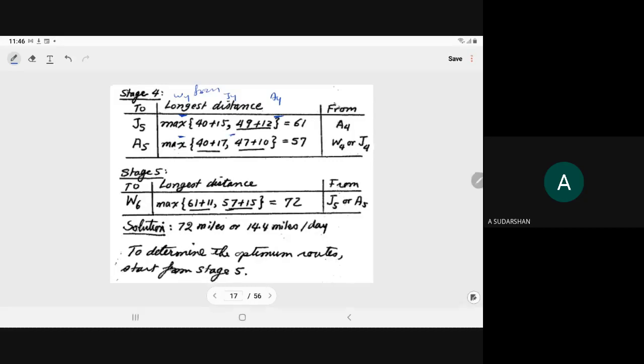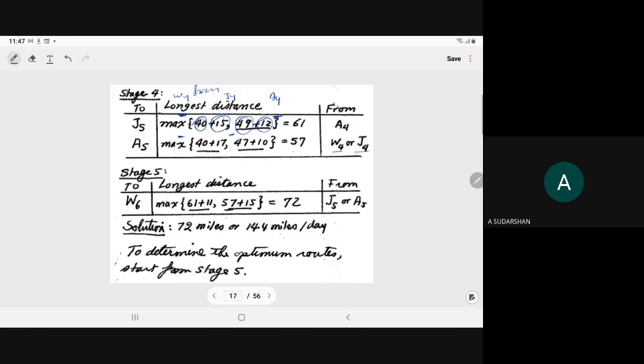So maximum of 40 plus 15, 49 plus 12, means optimal value of previous stage plus current distance. So it will come 61, from the A4. Similarly, maximum of 40 plus 17, 47 plus 10, that is 57, and that is from the W4 or J4.